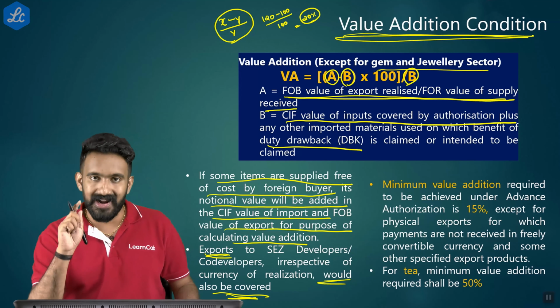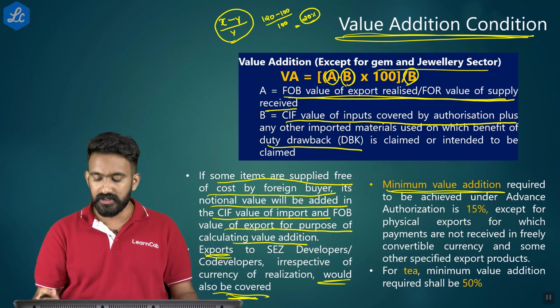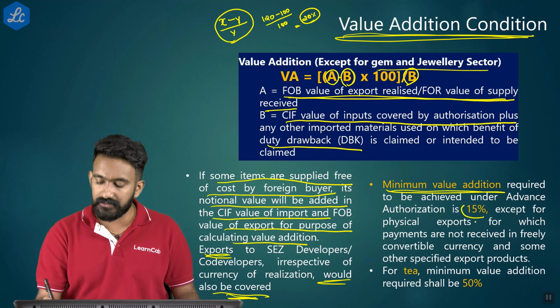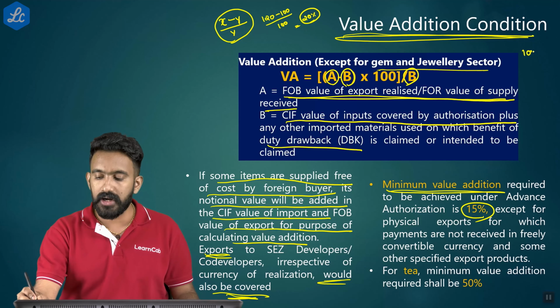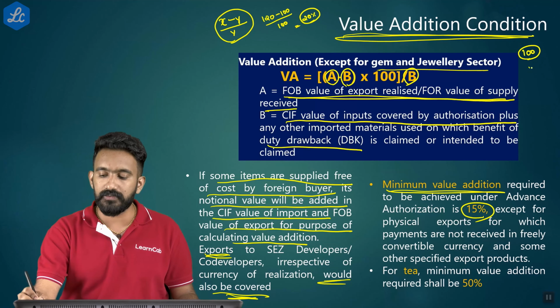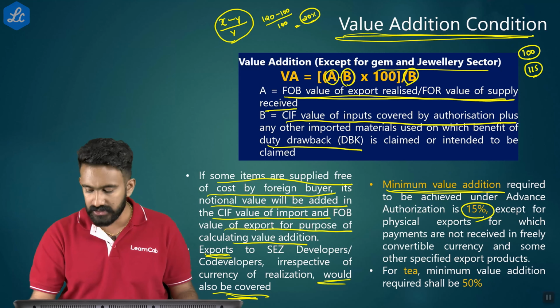So if at all you want advance authorization, what is the minimum value addition that is required? They said minimum value addition required to be achieved under advance authorization is 15%. So if I am importing for 100, I need to export for at least 115. So I have made a 15% value addition.